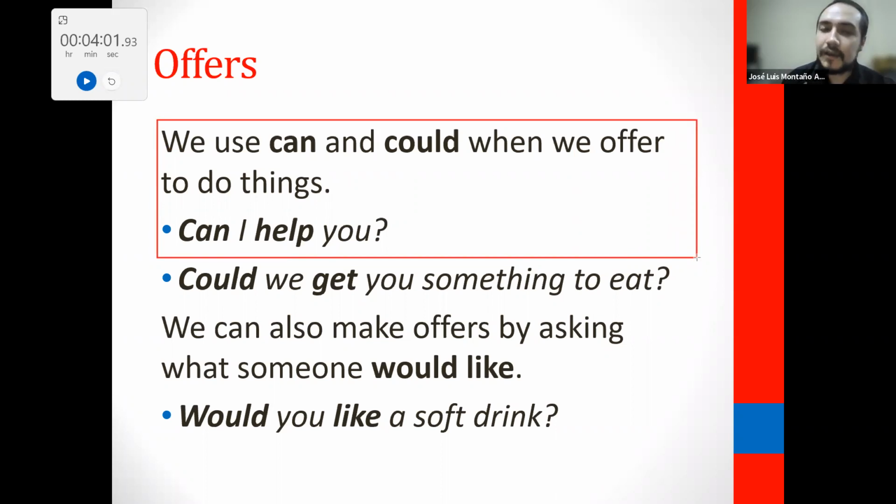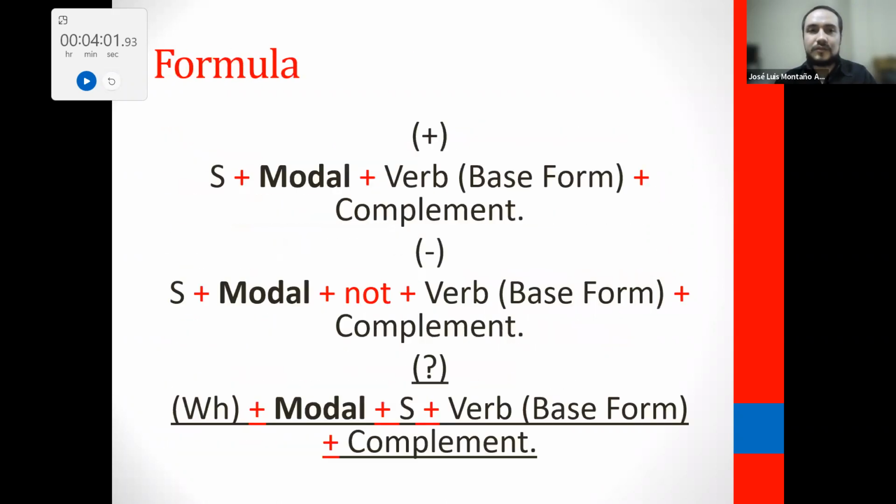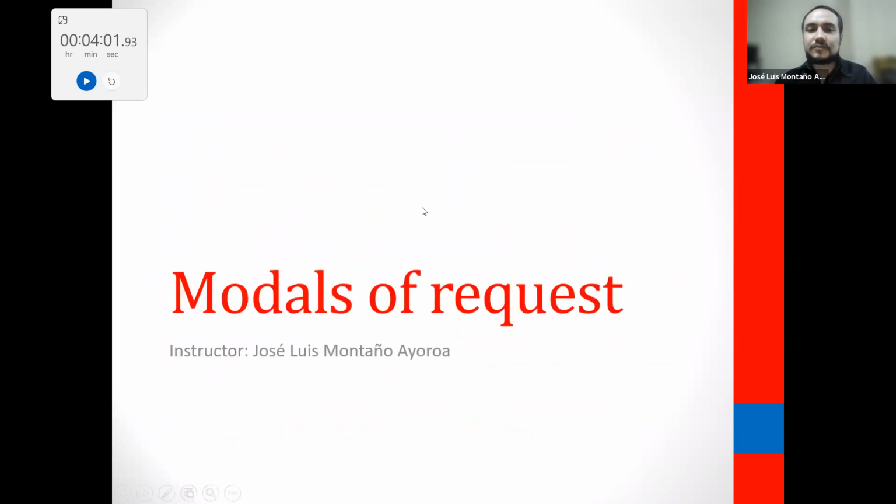Can I help you? Could we get you something to eat? All right, so with that, I'm going to go now over there and I ask you first, I don't know if you want to start. If not, I'm going to choose randomly. All right, who can explain what's the difference between offer and request and can try to give an example. What do you say?